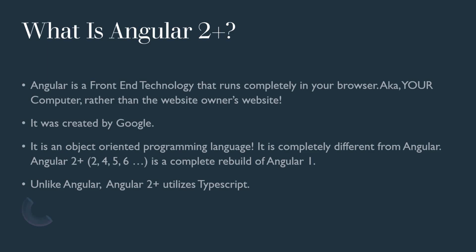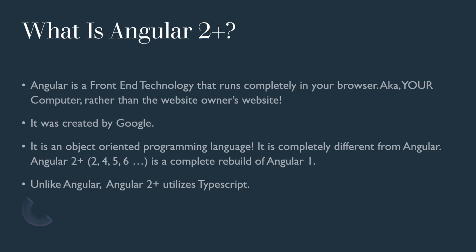So then they rebuilt the framework, starting with Angular 2 and its succeeding versions, in order to simplify and fix these shortcomings. So because Angular 2 is the rebuild, the plus sign is often used to depict the versions after the rebuild, like versions 2, 4, 5, 6, etc.